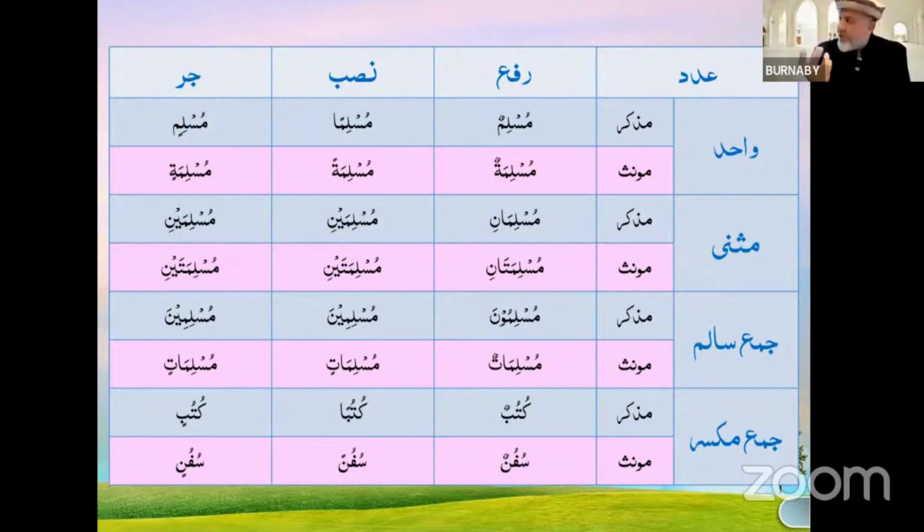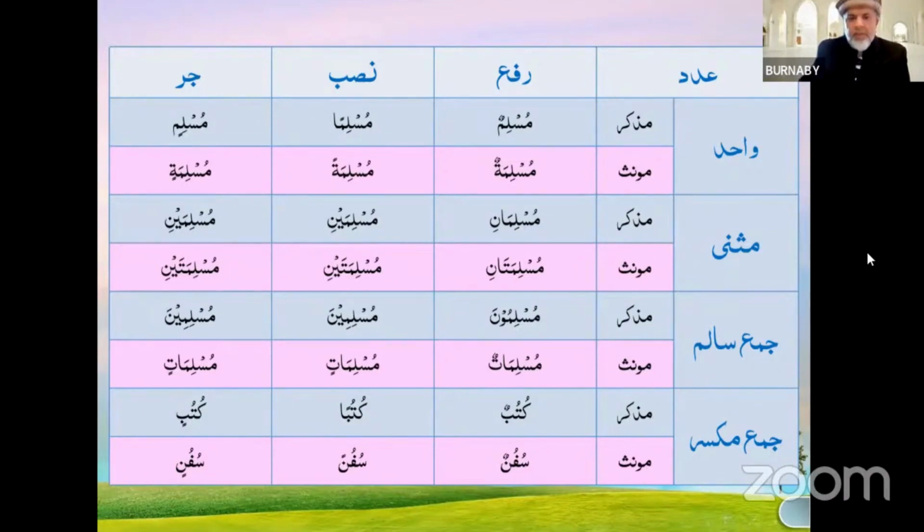Sufunun means ships. Ship is feminine in the Arabic language. So sufunun, sufunan, sufunin. Any difficulty here? We are looking at the last letter, putting dammatan for rafa, fathatan for nasab, and kasratan for jar. Are we good? Yes.